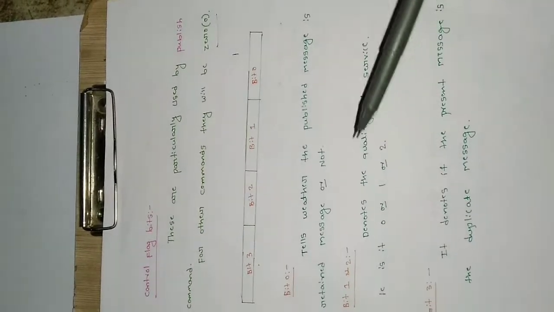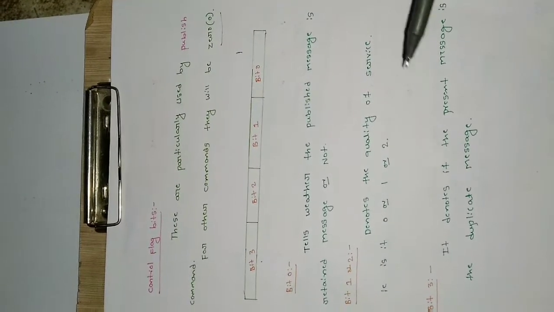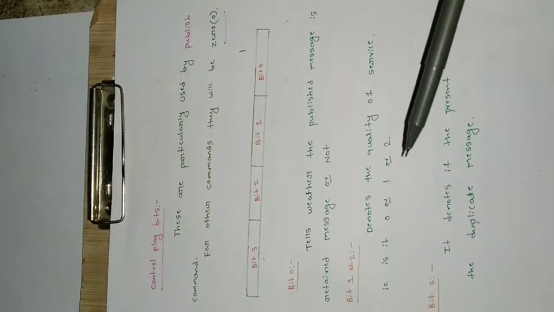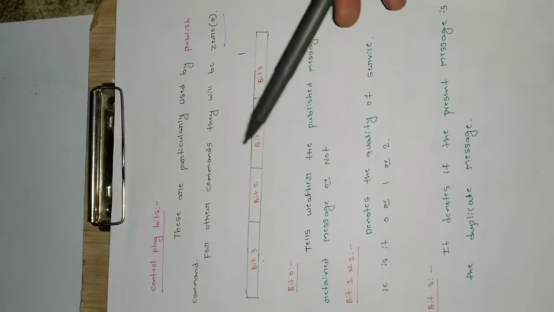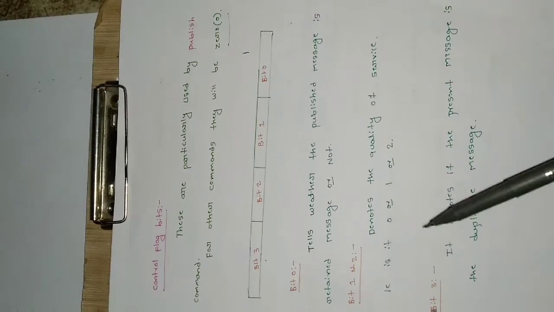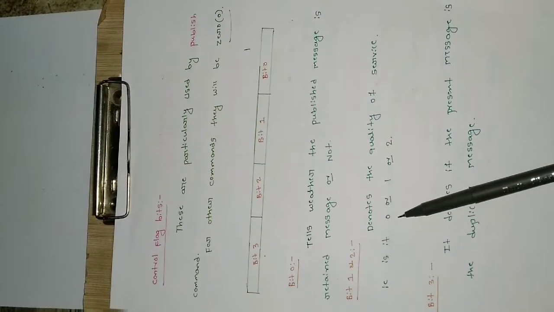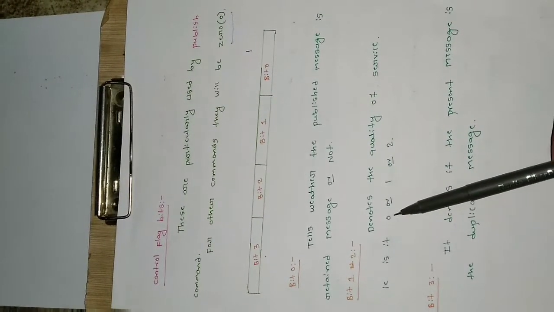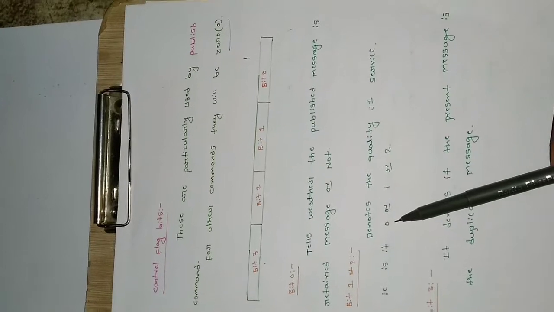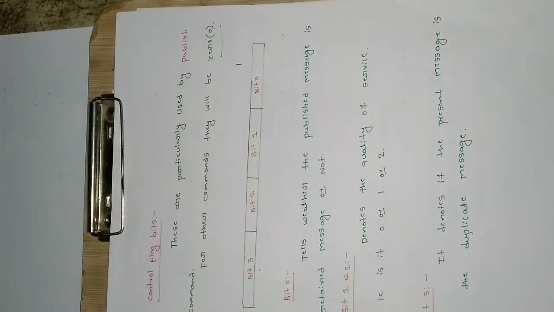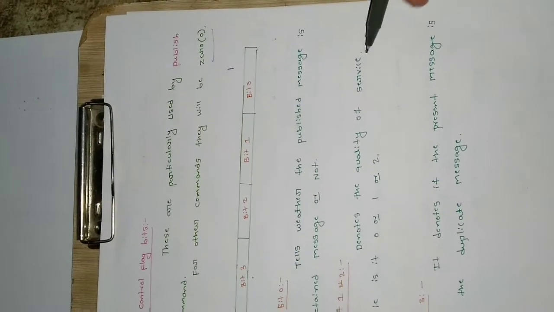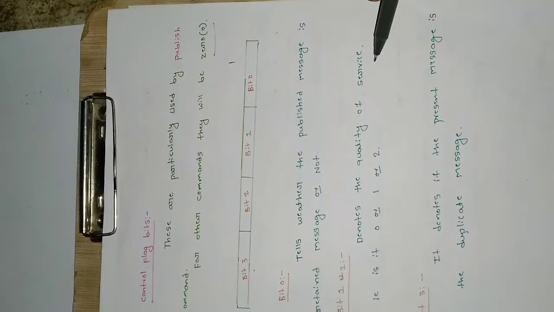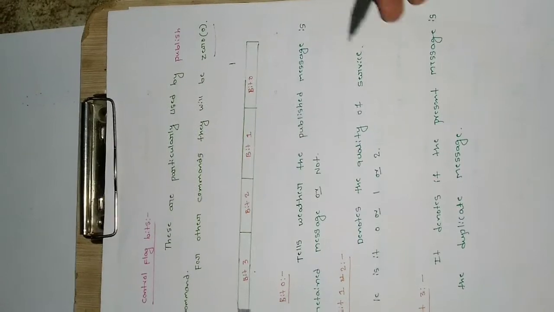Bits 1 and 2 denote the quality of service, that is 0, 1 or 2. So to indicate the quality of service we use bits 1 and 2. If quality of service is set to 0, the client will send the information only once. Whether the broker receives it or not, it will not be acknowledged.